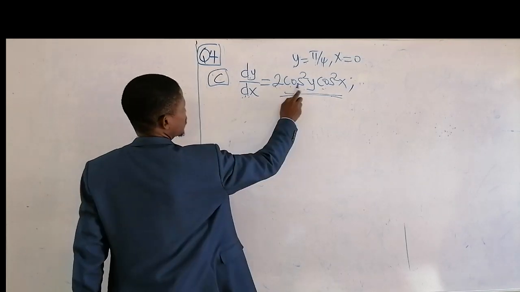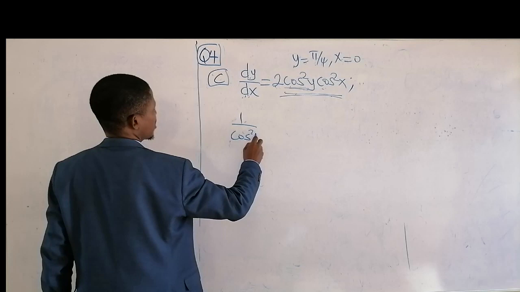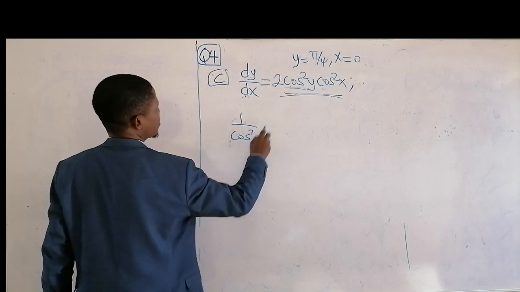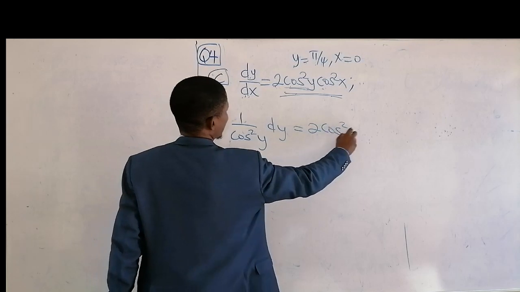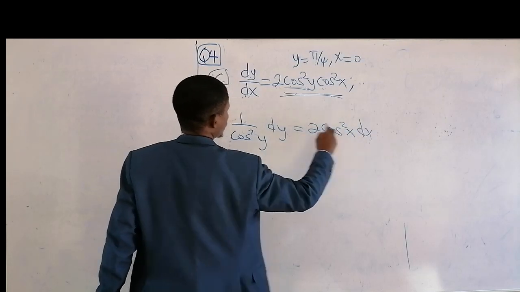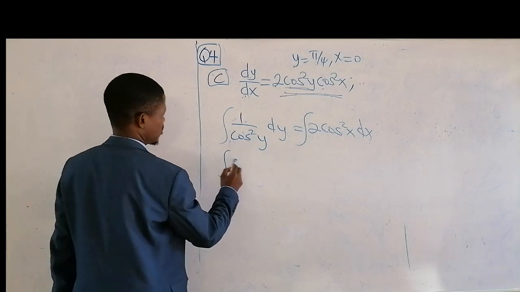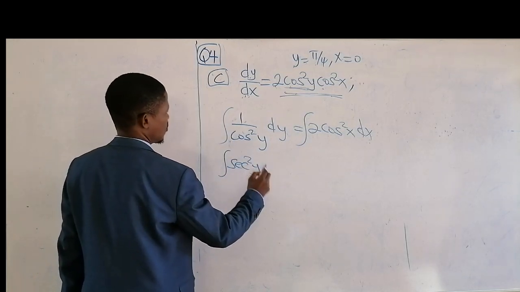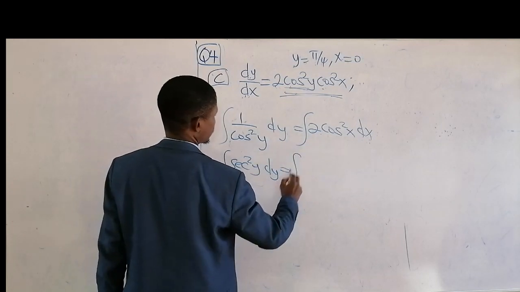So that will be 1 over cos square y dy equal to 2 cos square x dx. So integrate both sides. This will give us the integral of sec square y dy equal to the integral of 2 cos square x dx.